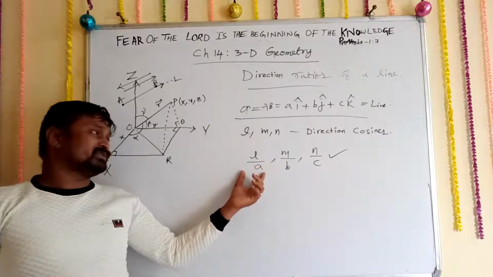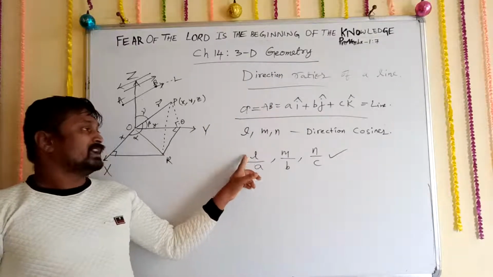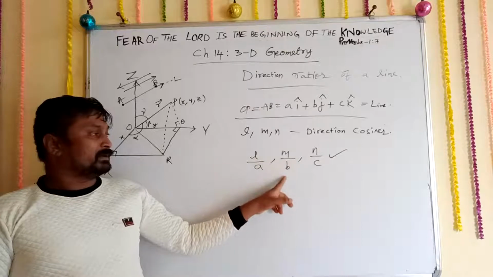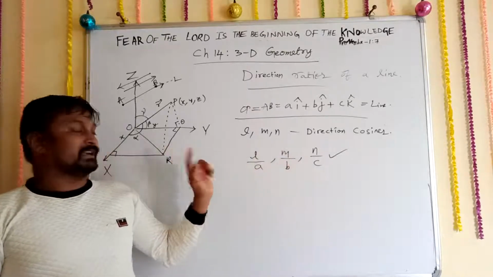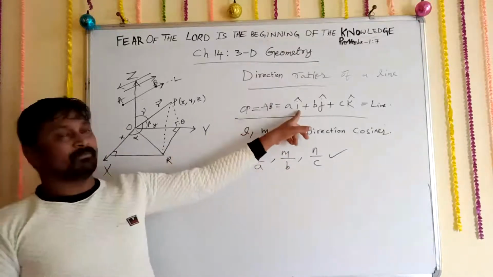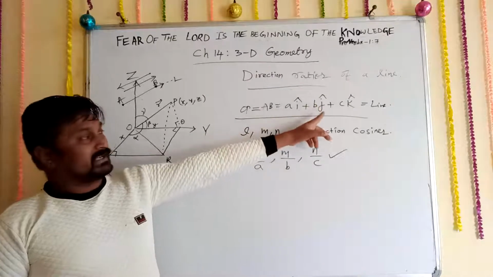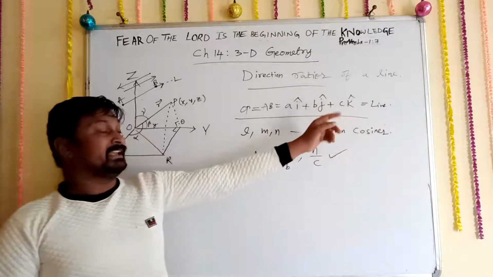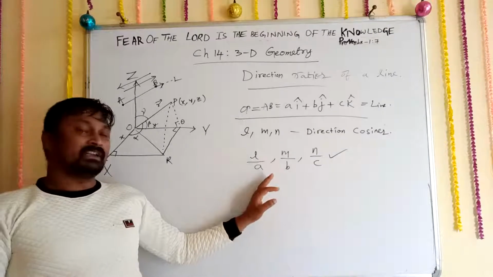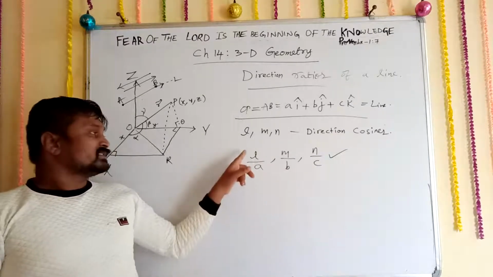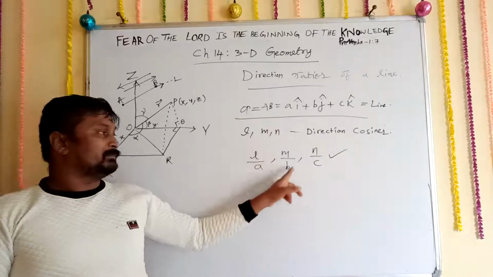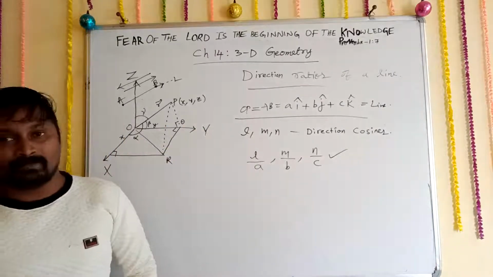So if you want the ratios, what you need to do is write L upon A, M upon B, N upon C. Here A is the coefficient of i cap, B the coefficient of j cap, and C the coefficient of k cap. If you want the ratios of that line, just remember: first L upon A, M upon B, N upon C.